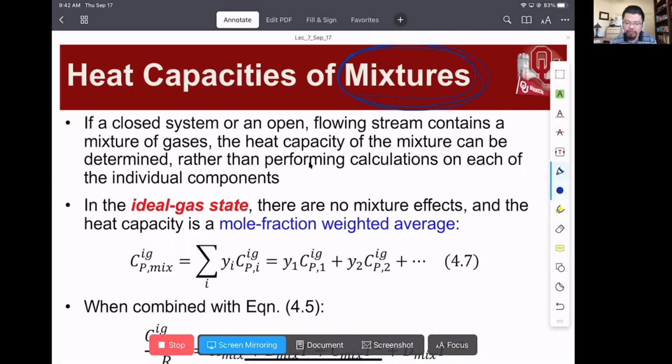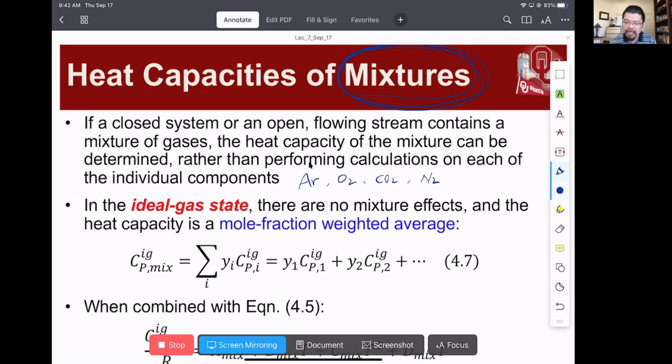So we ignore the size of each molecule, and they don't interact with each other. So when you have a mixture of argon, say oxygen, CO2 and nitrogen, each of those molecules makes more or less the same contribution depending on their molar fraction.